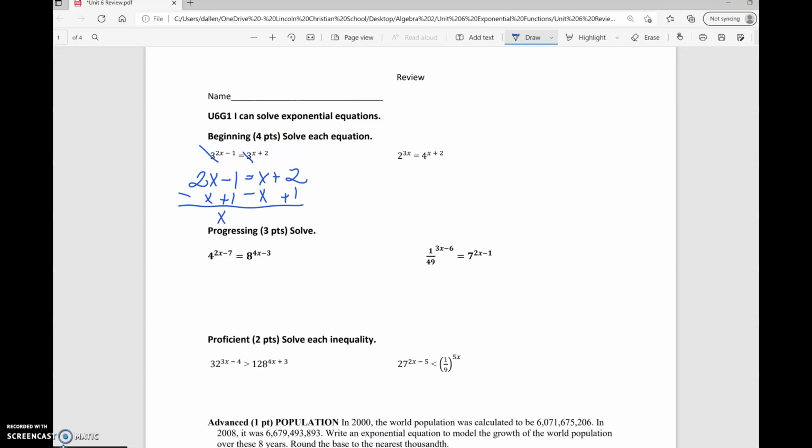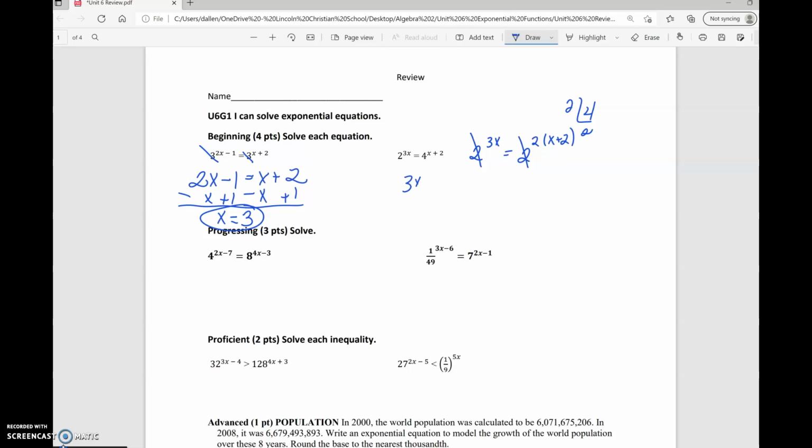So x equals 3. Here, my bases are not the same, so I can't cancel them out. So I can rewrite this 4 as 2 squared. So I have 3x here, and then 4, again, is 2 times 2, so I could rewrite that as 2 squared, but I still have that x plus 2 as the power. Now the bases are the same, so those go away.